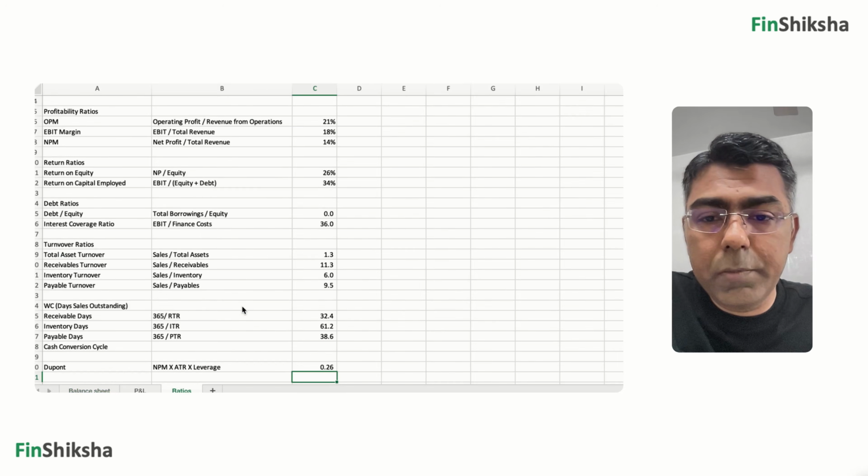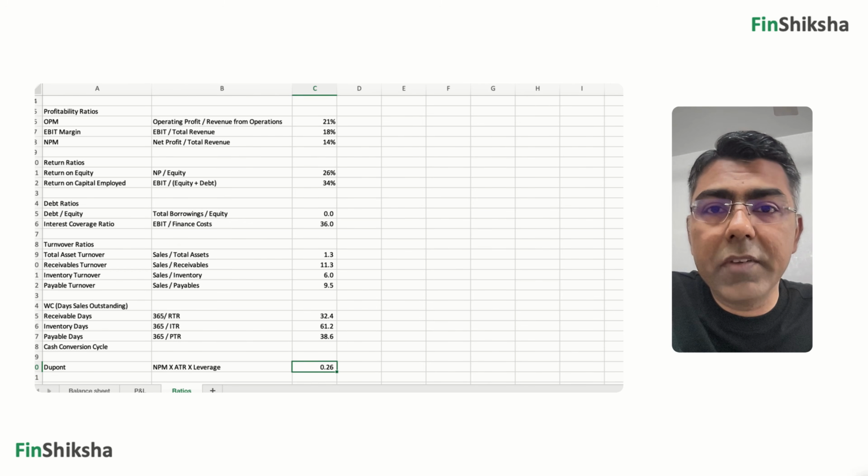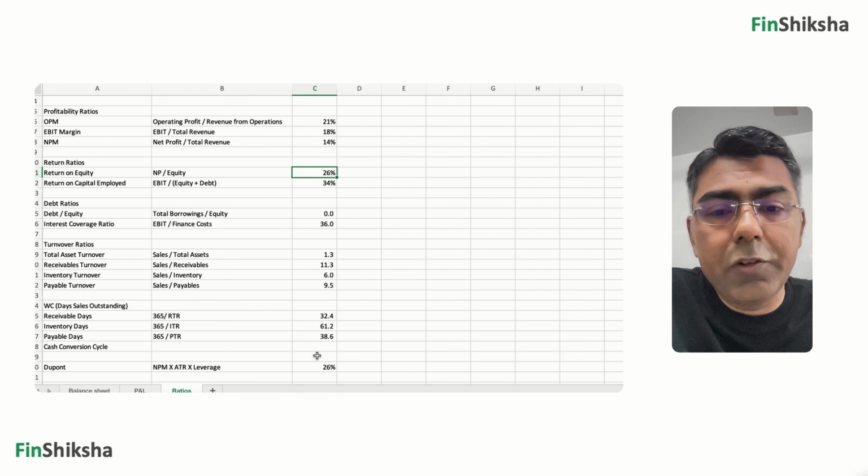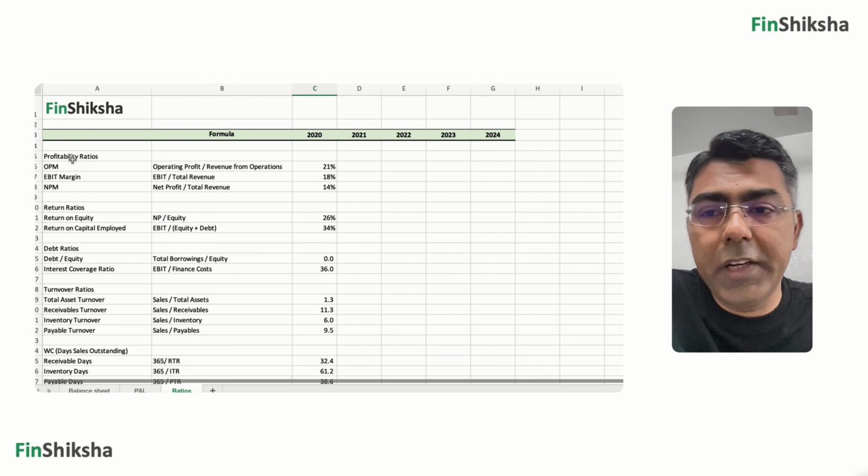So this should give me a number. Let's put a percentage to this, and ideally this should match my percentage under return on equity. So that gives me my components of return on equity and how they have been moving.